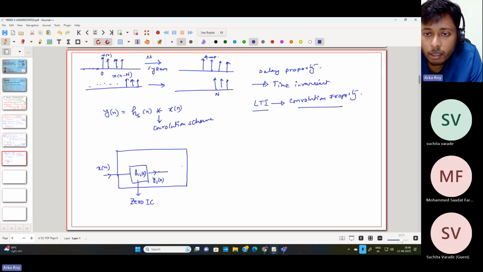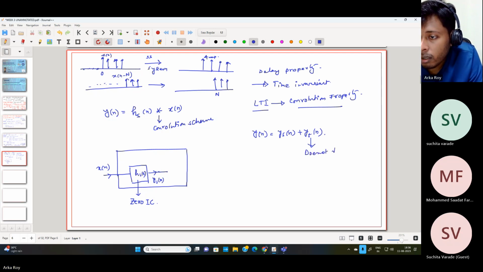Now we are left with the transient solution, and the output y(n) is basically y_ss(n), that is the steady state solution, plus y_t(n). And we know that y_t(n) does not depend on the input, however, it depends on the initial condition.